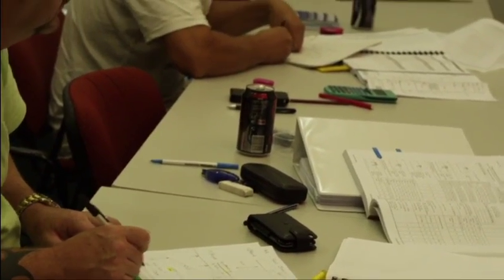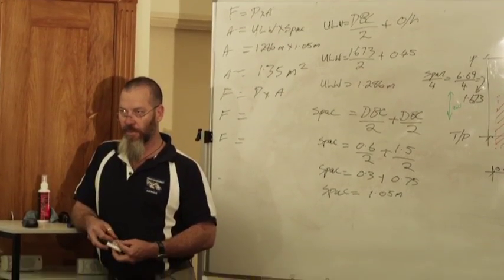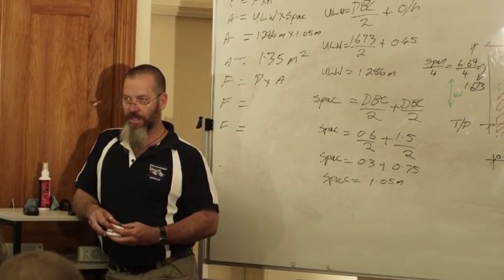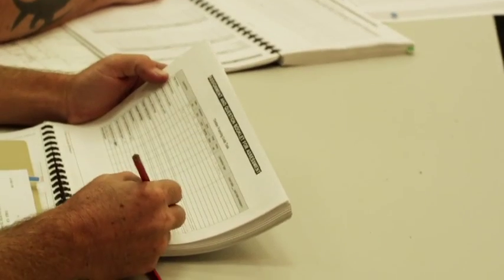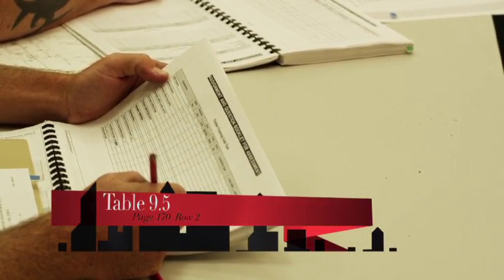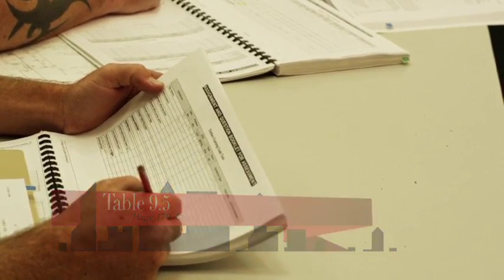Excuse me. Over to you guys. Table 9.5, which row? Upstairs lintel. Are you guessing? Table 9.5, page 170. Row 2.